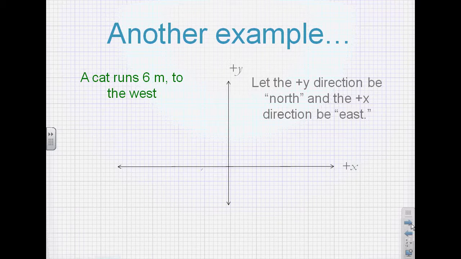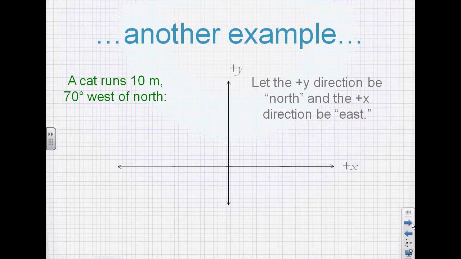To make things even more complicated, we can add angles to the description of the vectors and their direction. A cat's running 10 meters, 70 degrees west of north. I'm going to have to do a little bit of estimation here as far as blocks are concerned. I'm still going to have 1 block represent 1 meter, but 70 degrees west of north, what does that mean? Well, north is the positive y-axis. West of this would be in the second quadrant.